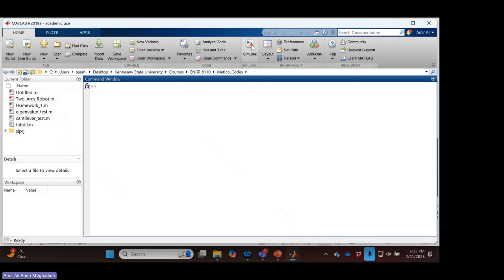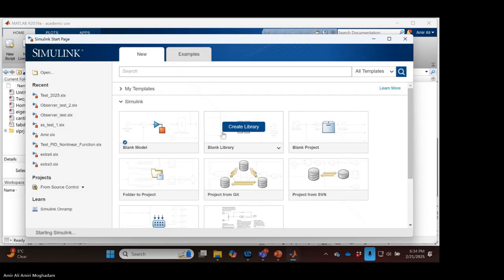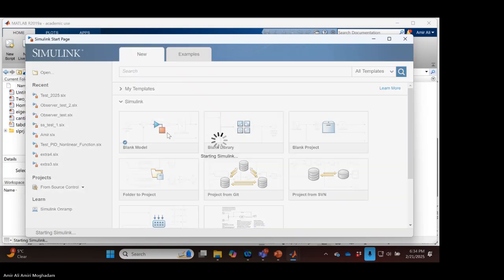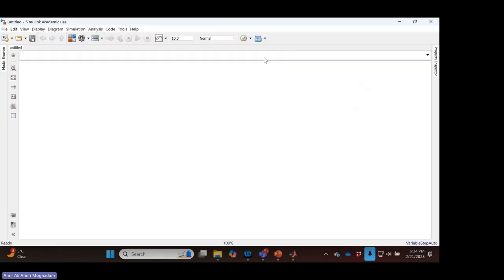Okay, MATLAB, let me open Simulink. Okay, so this is our Simulink model.